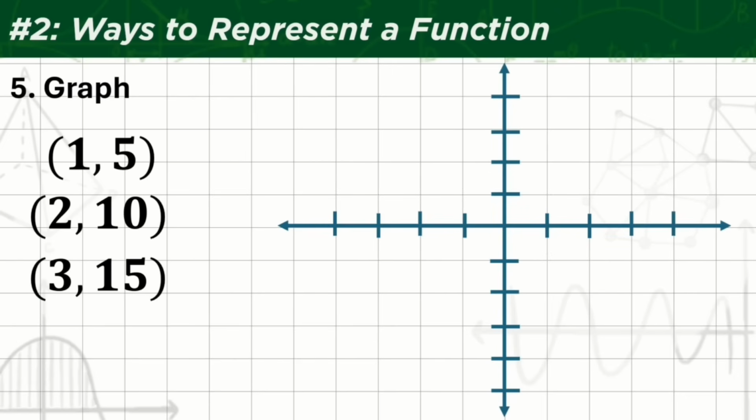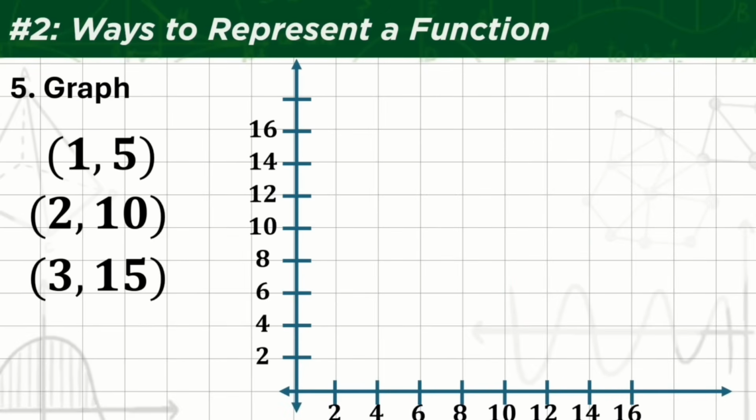On a graph, we plot the points on a Cartesian plane. Since all the points are in quadrant 1, let's focus on quadrant 1. On your coordinate plane, we need to start at the center, 0 and 0. That's the origin.